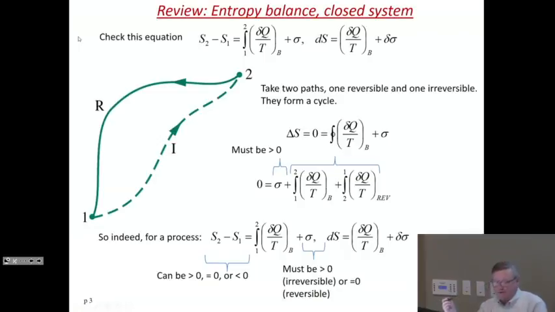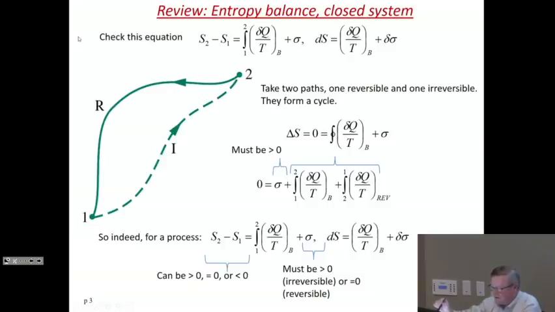So I review this again. If we have a closed system and we go from 1 to 2, entropy is defined at point 1. Entropy is defined at point 2 because these are equations of state. But let's go from 1 to 2 through an irreversible path, and then back from 2 to 1 through a reversible path. So S2 minus S1 is the integral between 1 and 2 along the irreversible path plus sigma.